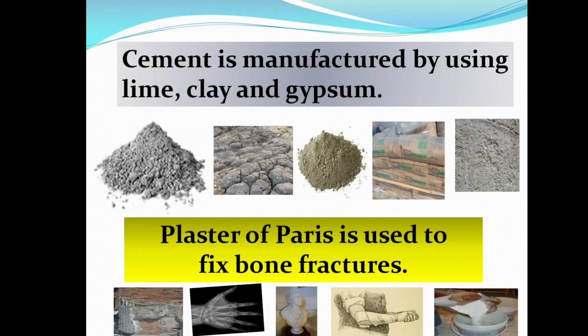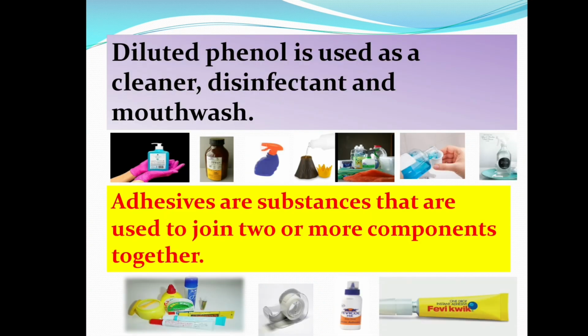Cement is manufactured by using lime, clay, and gypsum. Plaster of Paris is used to fix bone fractures. Diluted phenol is used as a cleaner, disinfectant, and mouthwash. Adhesives are the substances that are used to join two or more components together.